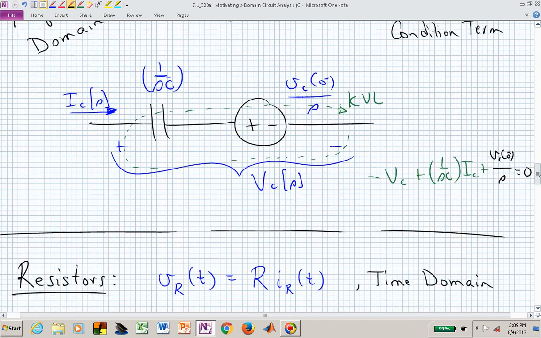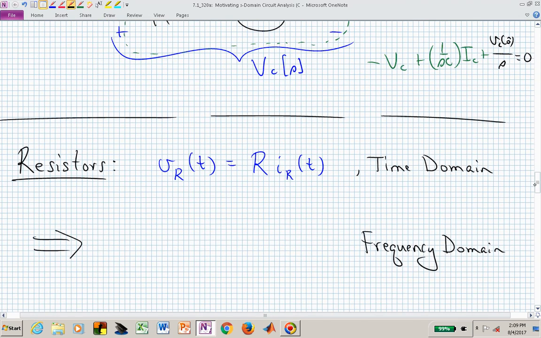Let's look at some of the other parameters that we have in common in our particular class, which are R's and L's. The resistor now: if we Laplace transform the current voltage relationship on the resistor, we have V sub R of S is equal to R I sub R of S. And I think it's clear that there's no S's associated with that impedance.